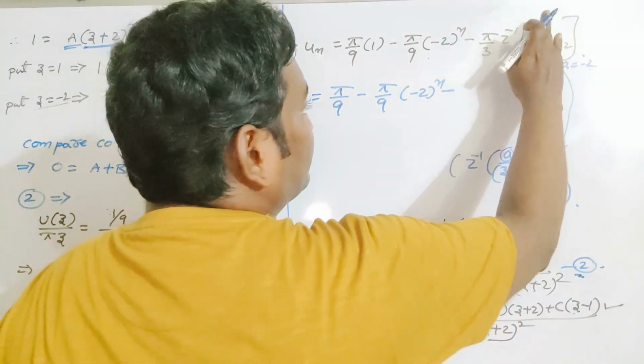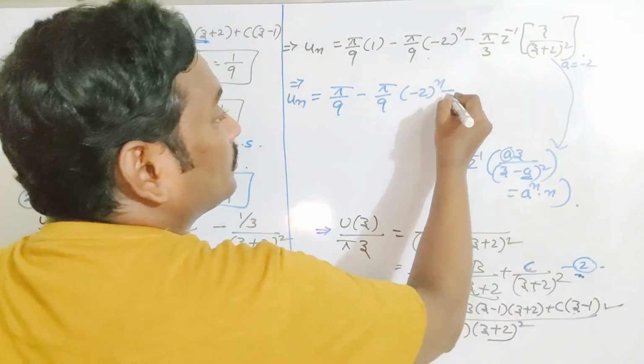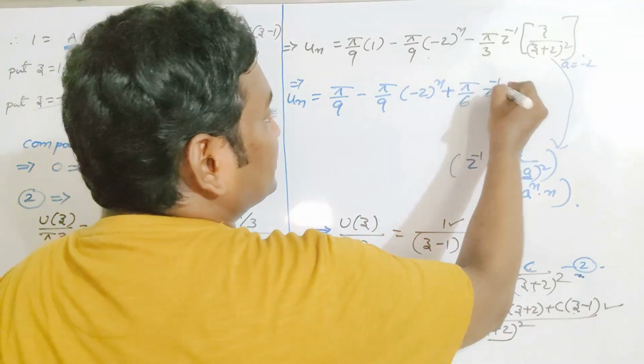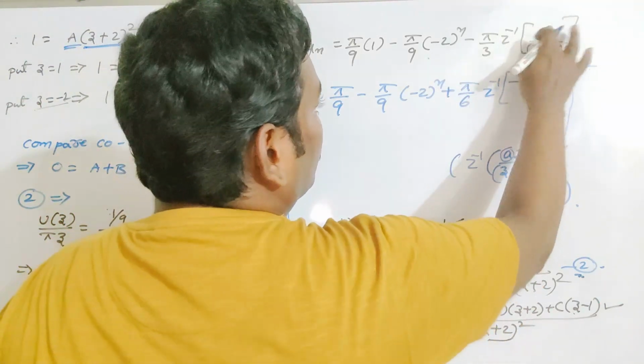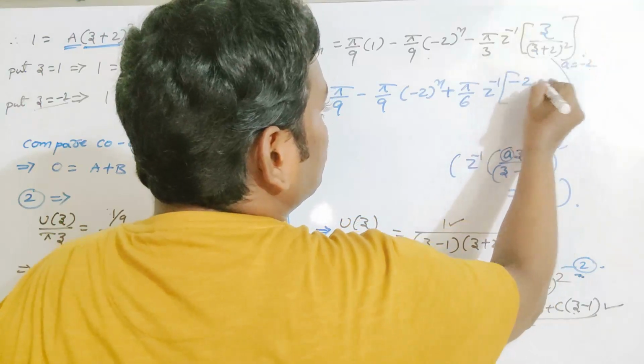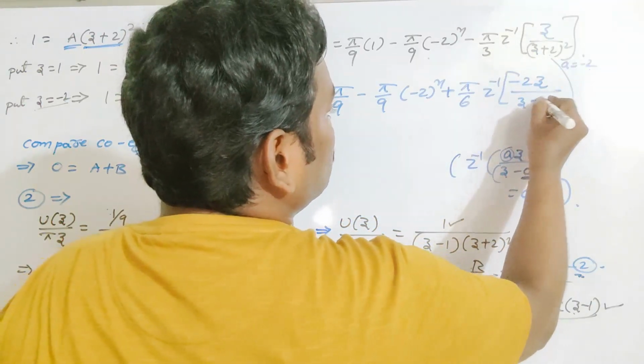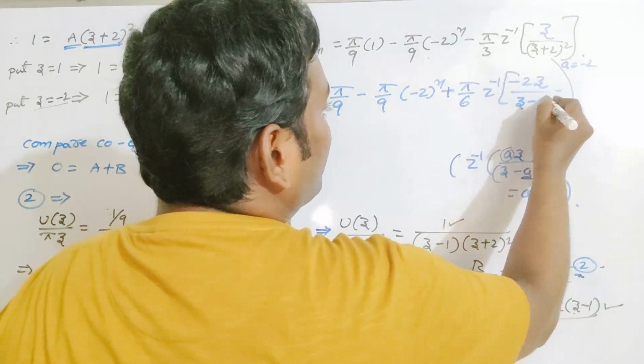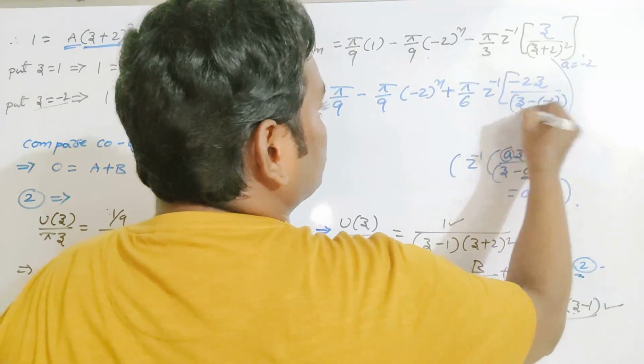So here I am multiplying by minus 2 and dividing by negative 2, that's why you will get pi by 6, plus z inverse of minus 2z by z plus 2 whole square. I will write the denominator also as z minus minus 2 whole square.